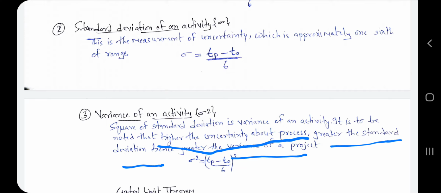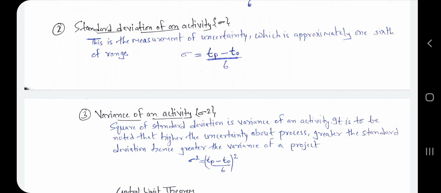So higher the uncertainty, higher the standard deviation; higher the standard deviation, higher the variance of the project. The formula for calculation of variance is denoted by sigma square, calculated by ((TP minus T naught) divided by 6) whole square. It is the square of standard deviation.